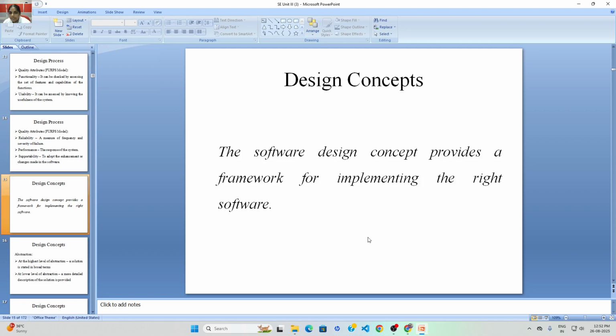Then design concepts. In design concepts, one explanation is given here for the software. The software design concept provides a framework for implementing the right software we are going to design. At that time, the concept of software design is implemented in this framework.